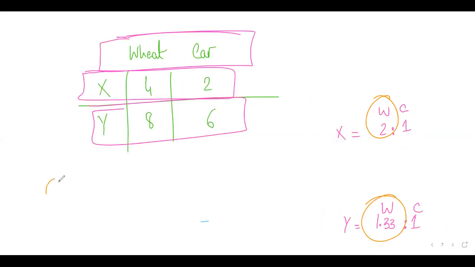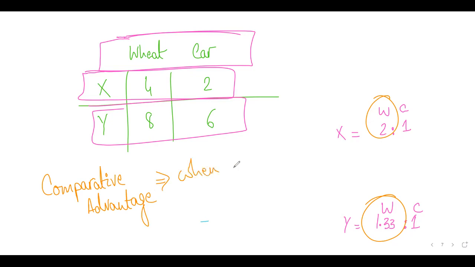I think we went a little wrong, and sorry for confusing you about this, but comparative advantage in the case of inputs is when a country can produce something with less use of resources compared to the other country, with lower opportunity cost.